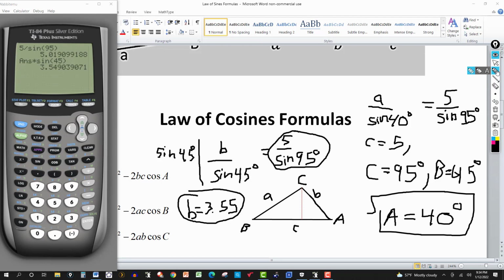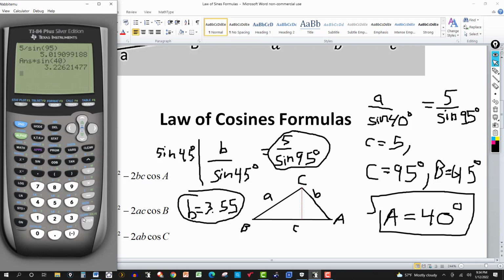So again, just like the other one, I'm just going to have 5 divided by the sine of 95 multiplied by the sine of 40. Let's go back to the calculator. 5 divided by the sine of 95 and hit enter. It gives me that number, and then I'm going to multiply that by the sine of 40 degrees.